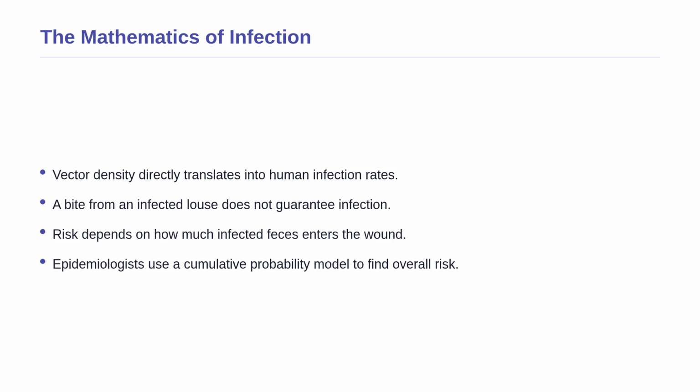There is a specific probability associated with each individual bite, which depends heavily on how much infected feces is actually rubbed into the wound. To find the overall risk to the human host, epidemiologists use a cumulative probability model. This model helps us understand exactly how the sheer number of lice directly increases the mathematical certainty of infection.